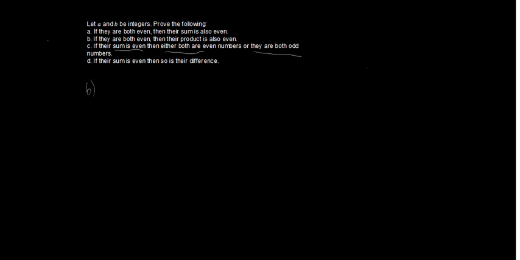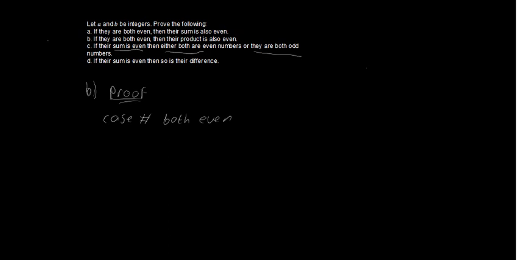So for our first case, we have our proof there, so always indicate that you're proving there. Then we're going to say case number one, where they are both even, right?